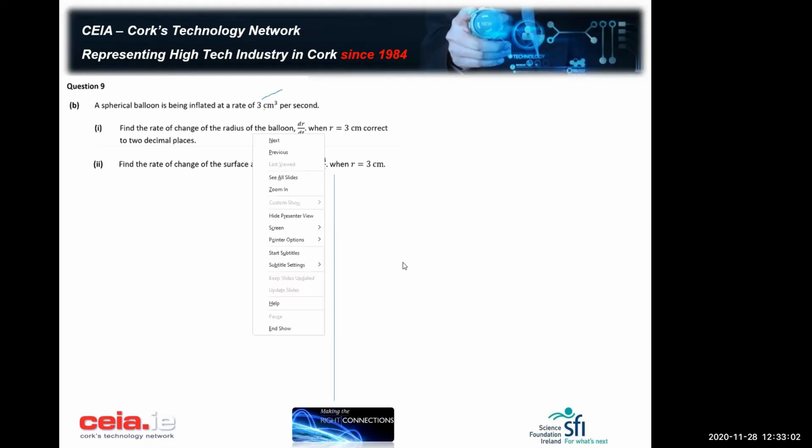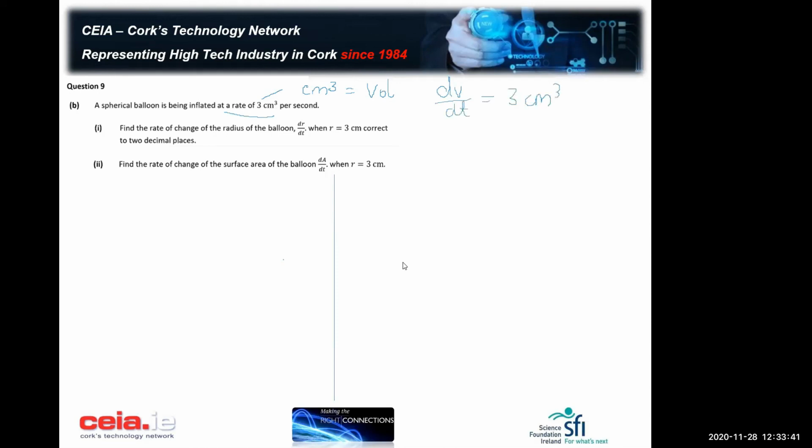Centimeter cubed is volume. So the rate of change there is what's changing: the volume is changing. So dV dt is equal to 3 centimeter cubed per second. That's what's important to establish. So every second it's increasing in volume.